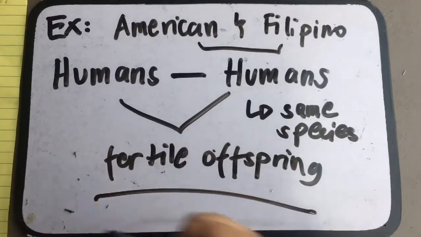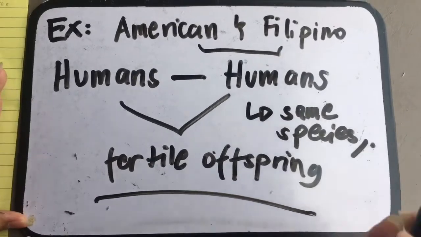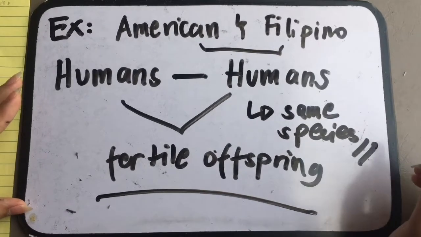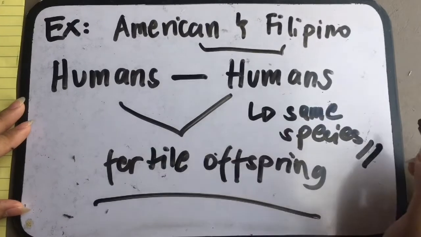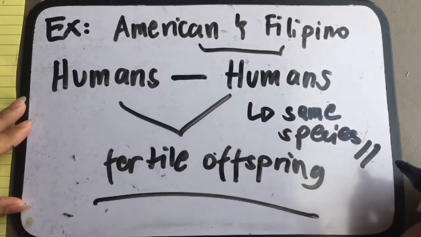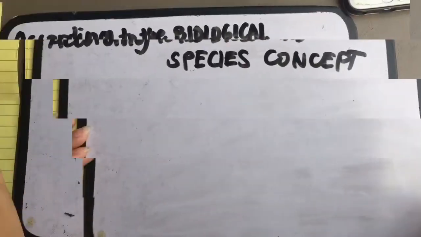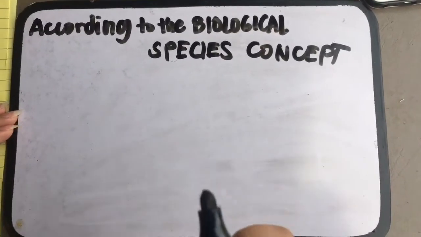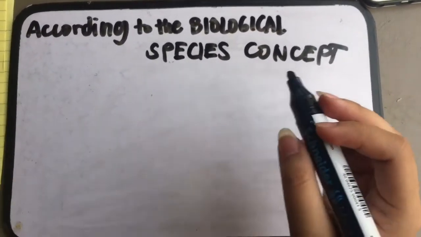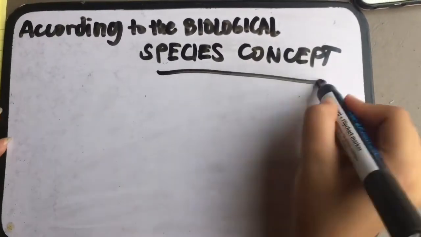So, because of the same species, we can now define species according to the biological species concept. We can define species according to the biological species concept.